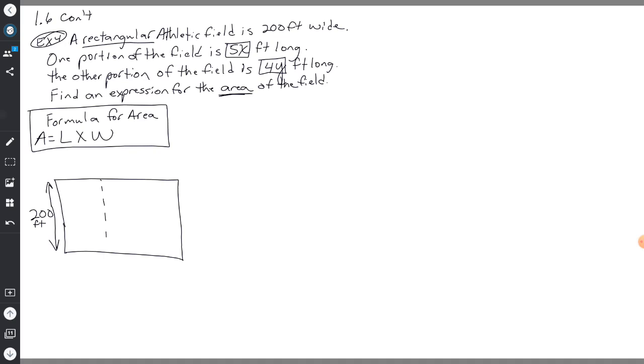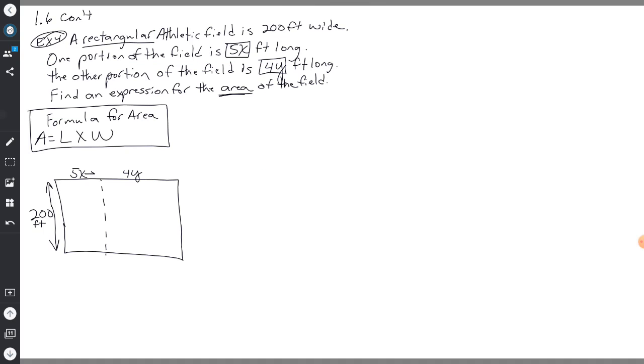So let's just say this portion here is 5x. The other portion of the field is 4y feet long, so that would be this part here.